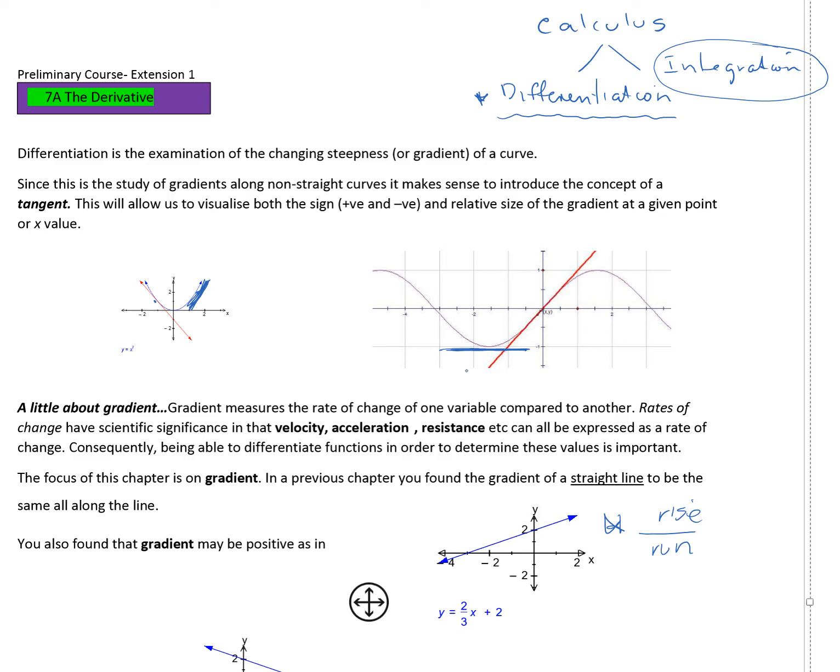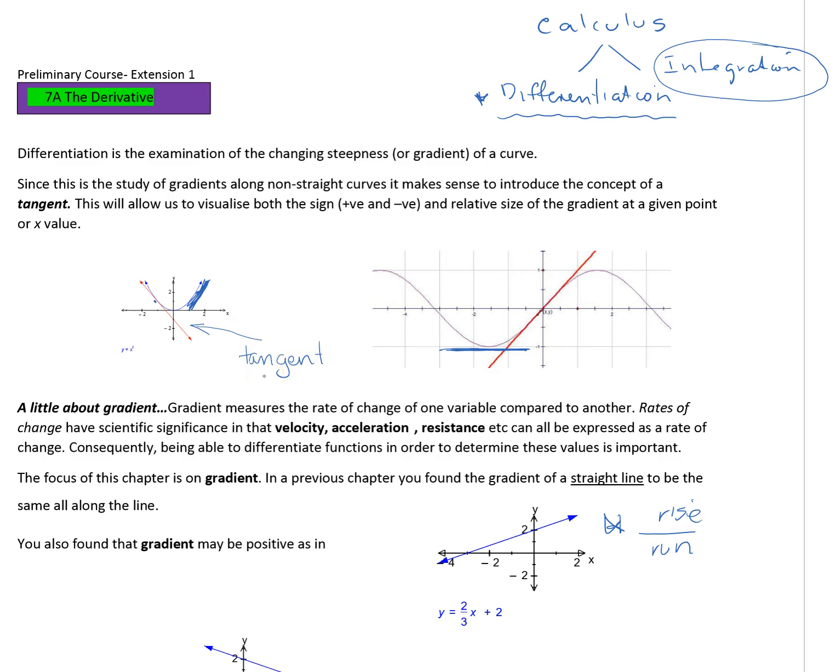You're going to hear me frequently talk about or name this red line that you can see here. The red line is what we call a tangent. Its only function is to give us a visual idea of what is happening at a particular point on a curve.